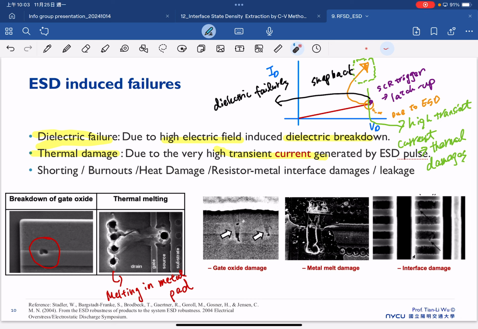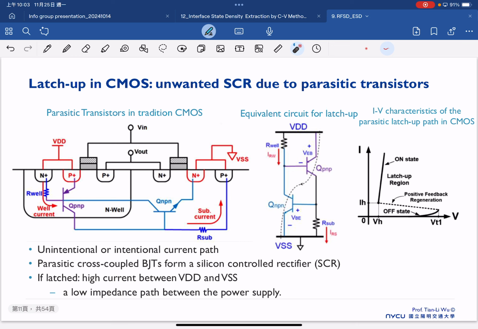Now we start to look a little bit more at exactly what the SCR is, and why we have the parasitic PNP or parasitic BJT in our traditional CMOS. Here is a schematic. The latch up in the CMOS is basically an unwanted SCR due to the parasitic transistor.